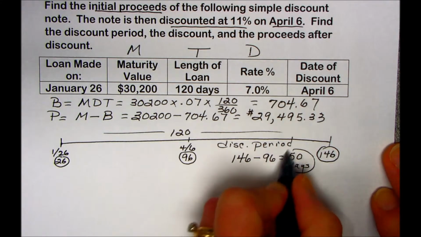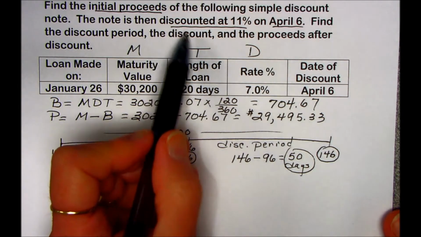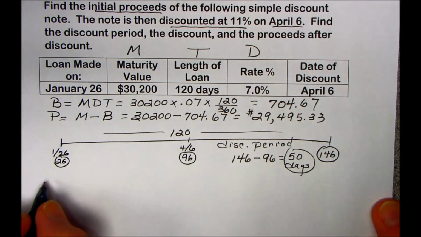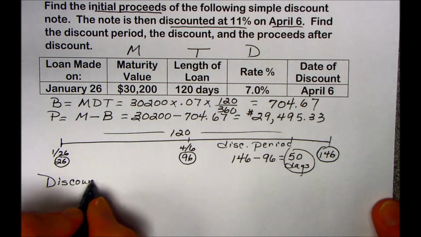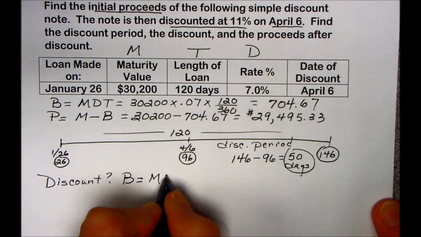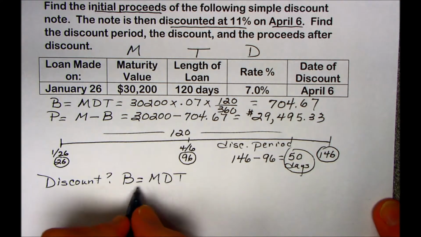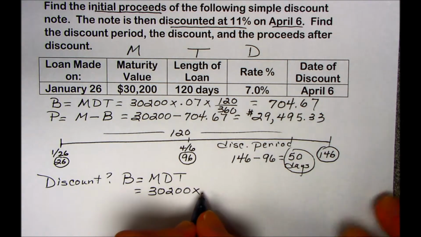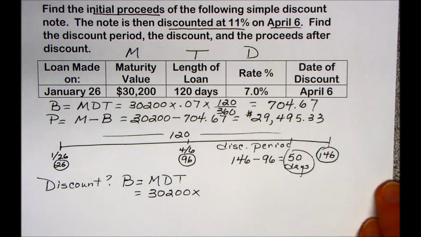The next question on the problem, in terms of after it's discounted before it matures, is to ask for the value of the discount. Discount is shorthand for bank discount. That's B, and we will use the M times D times T to calculate that. Maturity value 30,200 times the discount rate, and here's where sometimes there's a little confusion.